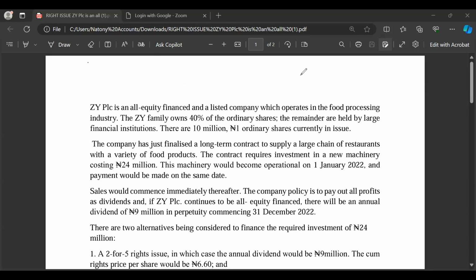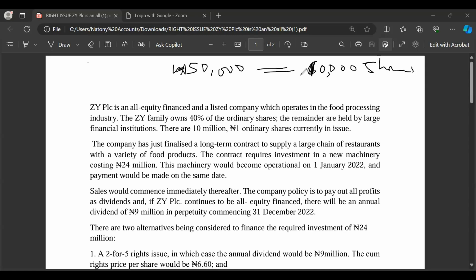Assuming a company has an investment of, say, 50 million naira, and you are told that the company will need to issue, let me just say, 10,000 right issue shares to finance this 50,000 naira investment.